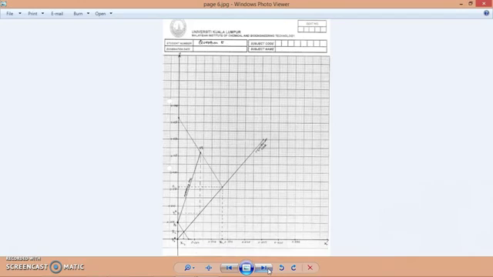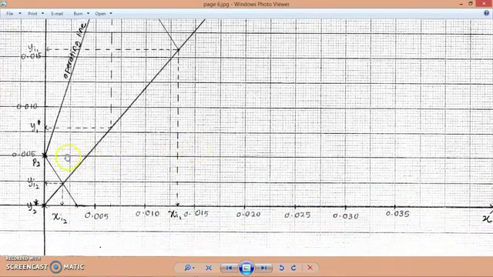And after you get the second slope, then you can find the xi2 and yi2, where the intersection of the PM2 slope with the equilibrium curve is the value for xi2 and yi2.